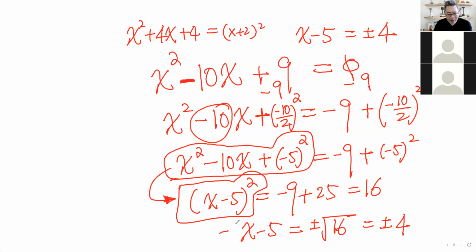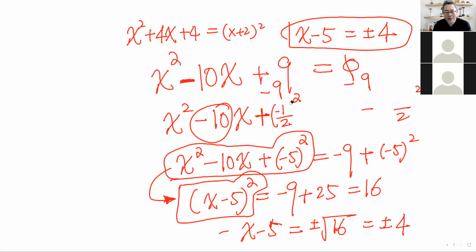So once we have x minus 5 squared equal to 16, we take the square root on both sides. Then x minus 5 will be either positive 4 or negative 4, right? Once we have that, it's just a simple linear equation. We add 5 on both sides, then x is equal to plus or minus 4 plus 5.